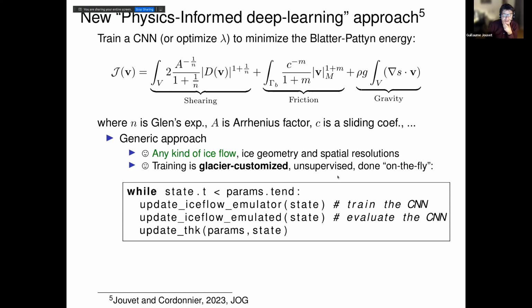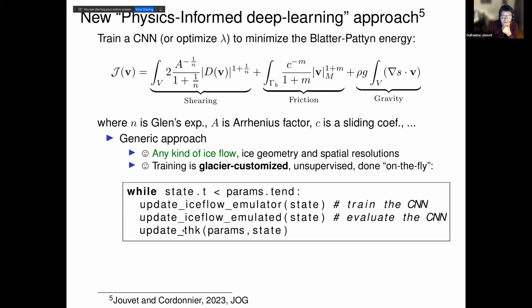So which means that at any time step when I'm running the glacier evolution model, in fact, I'm doing two different things. First of all, I update the emulator, which means I do a small part of training, and then I evaluate the CNN because I need to evaluate the solution, and then I can update the ice thickness.